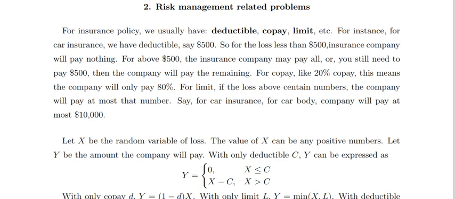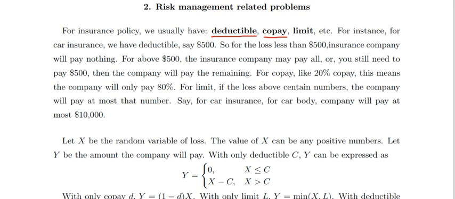So we have a deductible. A $500 deductible means if the damage is less than $500, the company will not pay. You should pay by yourself, right? And the copay means maybe you need to pay 10% or 20% copay. So with 20% copay, insurance will pay 80%, and you should pay 20%.